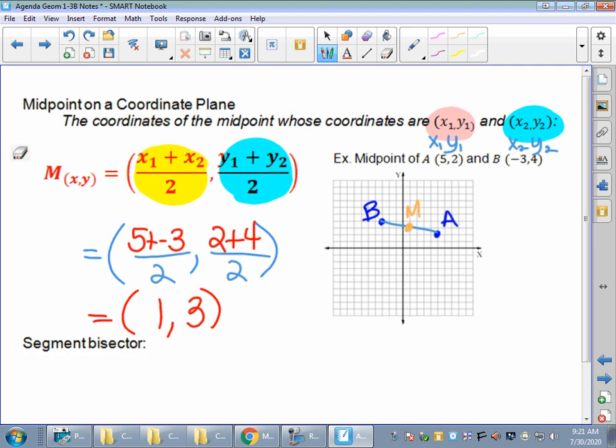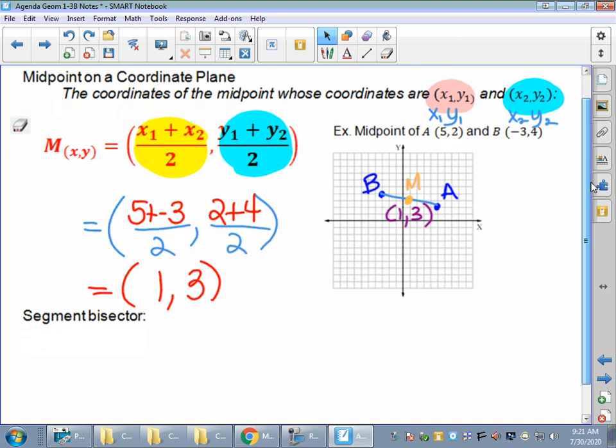So my midpoint, my actual point M for midpoint, is at 1, 3, over 1 up 3. I was pretty close on my eyeballing it, and it looked pretty good, but your teacher is going to want to see that work, not it looks like it's at 1, 3. Easy formula, just don't forget there's two parts because we need an x and a y coordinate.